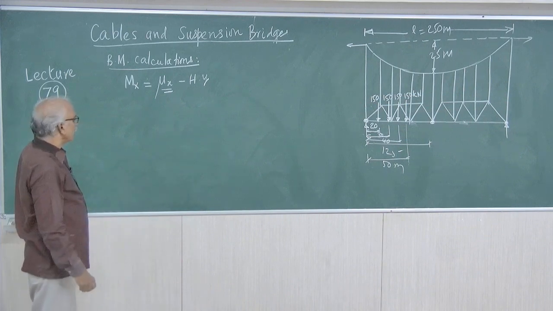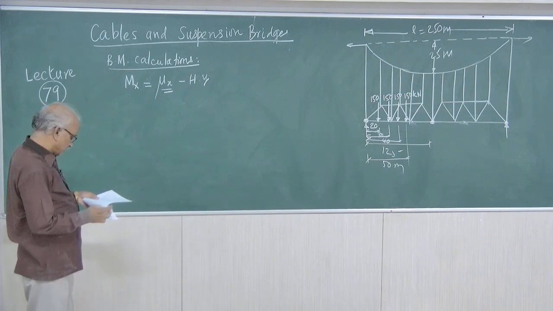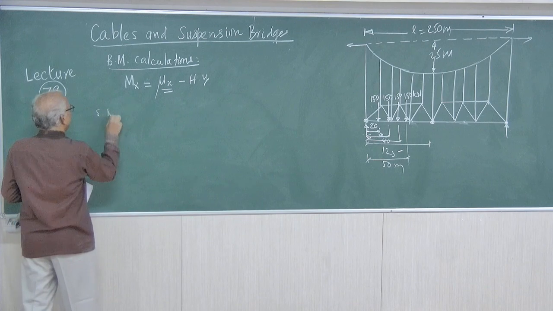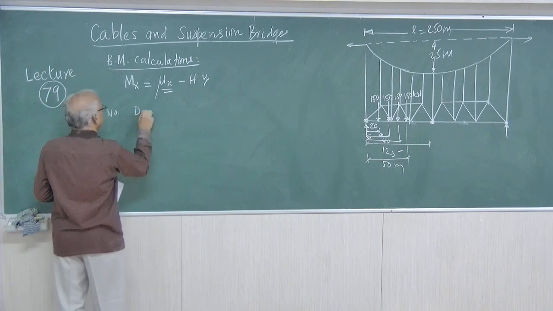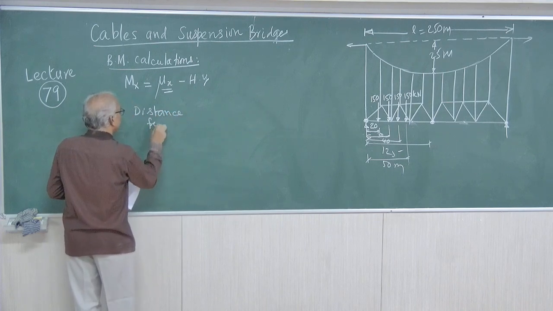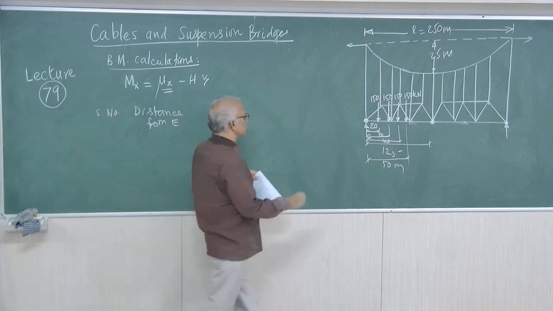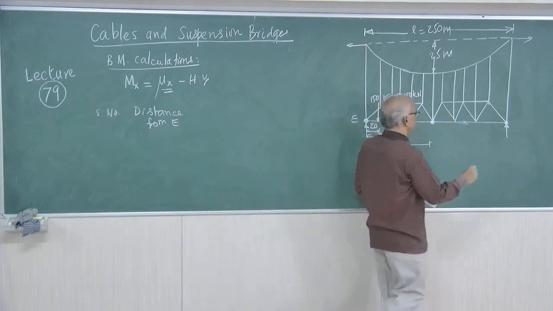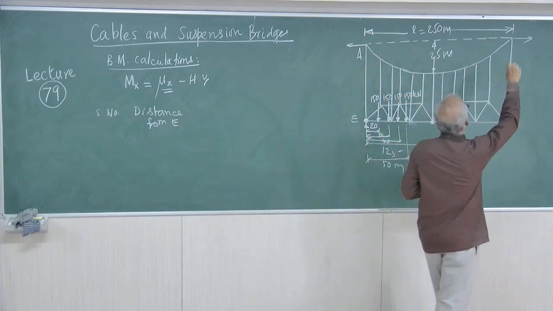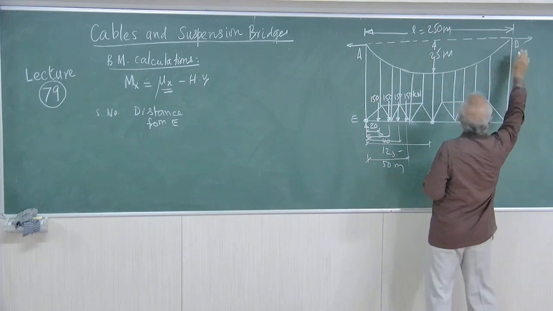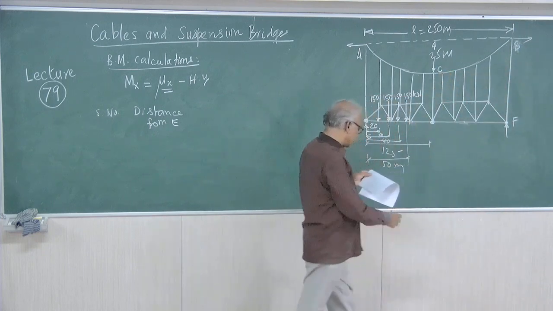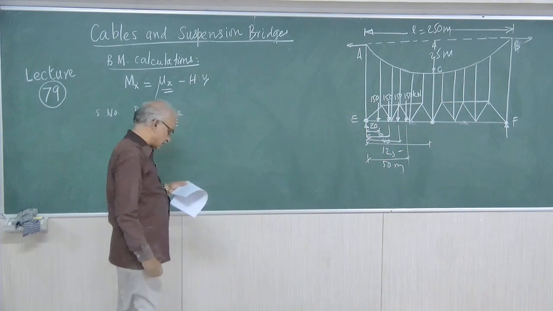Now, coming to the calculations, we have serial number, distance from E. This is F, this is A, this is B, this is the lowest point C. So this is about the notations that we have followed earlier.